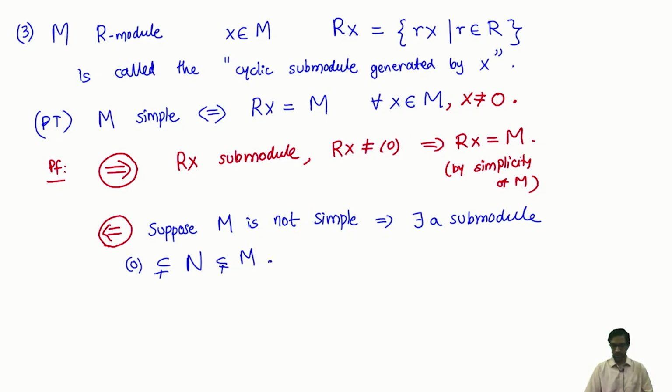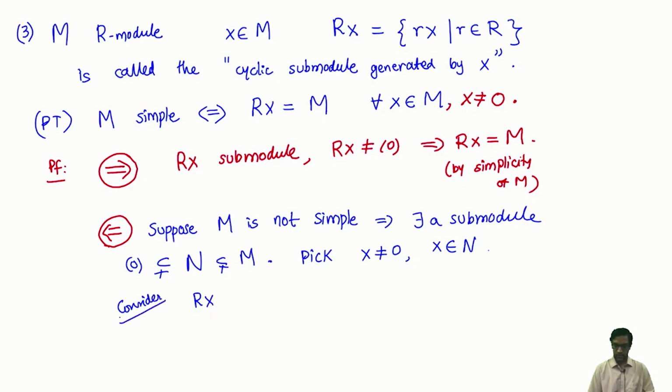So there exists a submodule N which is neither 0 nor M. From this I need to get a contradiction somehow. So let's do the following. Since N is not 0, let's pick a non-zero element from N. So pick x not 0, x in N. Take a non-zero element of N and consider the cyclic submodule generated by that element. Look at Rx.